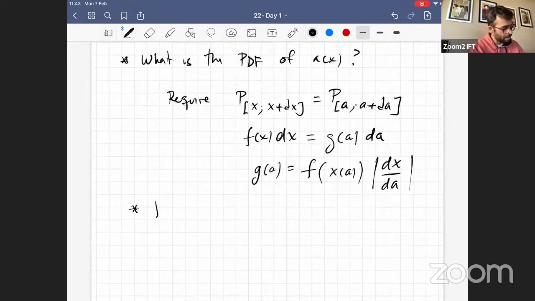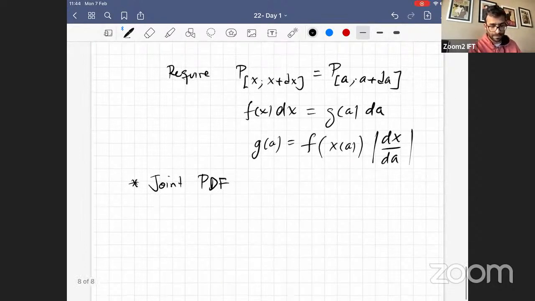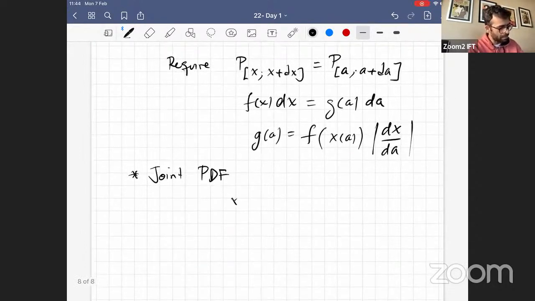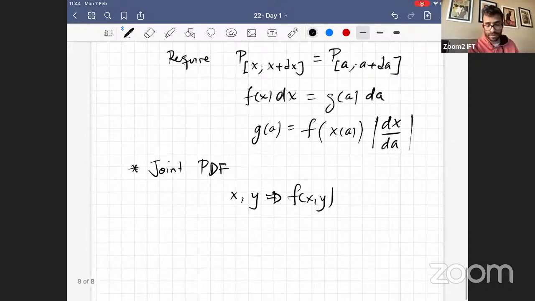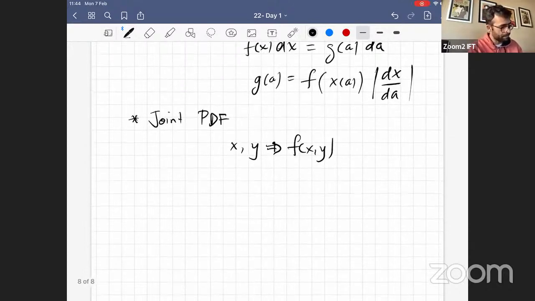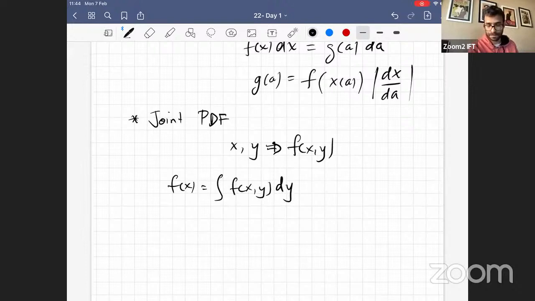So another thing is what is the joint PDF? Imagine you have two variables. I will write the joint like this. And then I can have the marginal as I was writing before. Or I can have, for example, the conditional.